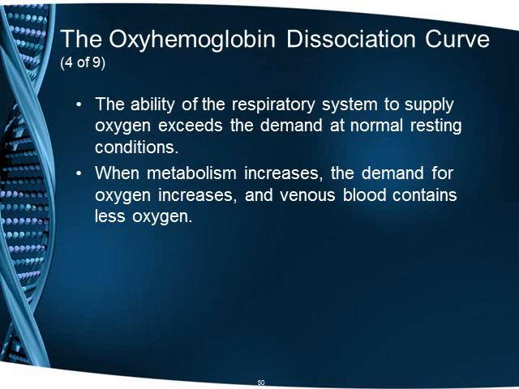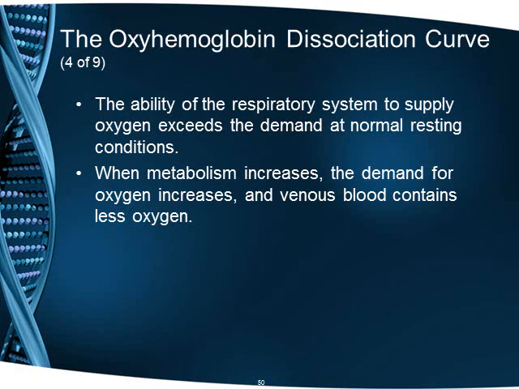Okay. The ability for the respiratory system to supply oxygen exceeds demand at normal resting conditions. Okay. When metabolism increases, our demand for oxygen increases. Okay. And venous blood is going to contain less oxygen. Think about that. Okay. If you run, you need more oxygen. You breathe faster. So that means you're going to consume more oxygen.